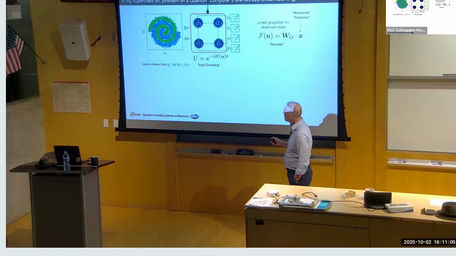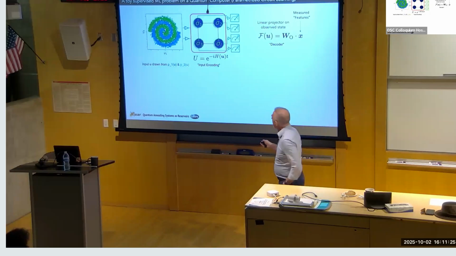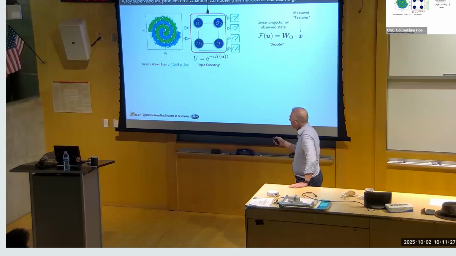The task is classification. This is my input domain now, the vector u. It has 2 components, and let's assume that the inputs are coming from 2 probability distributions in a compact domain of u1 and u2. These probability distributions come from one or the other spiral arm here. When you ask for a u, it will come either from this arm or that arm.